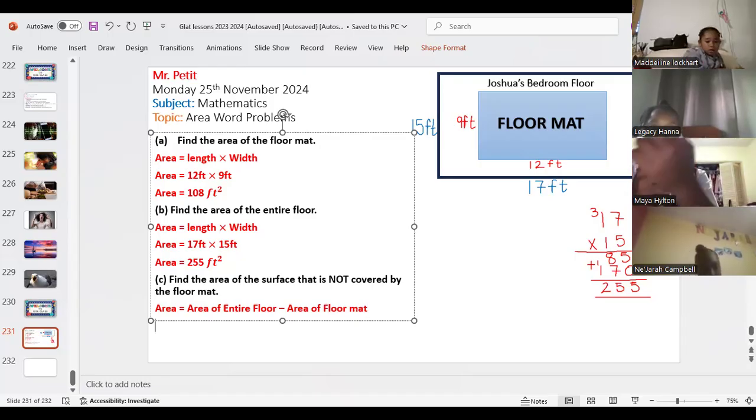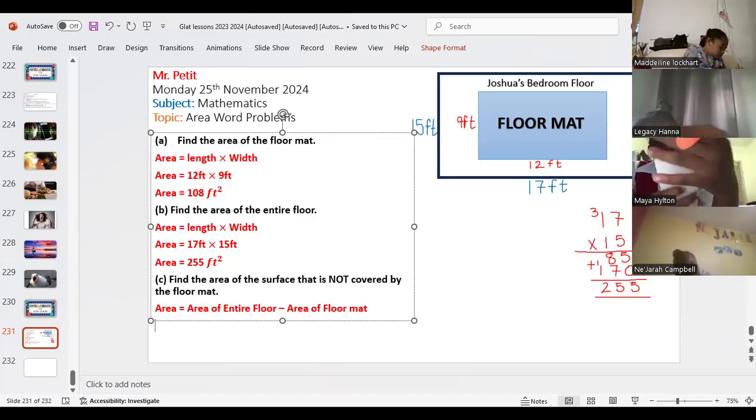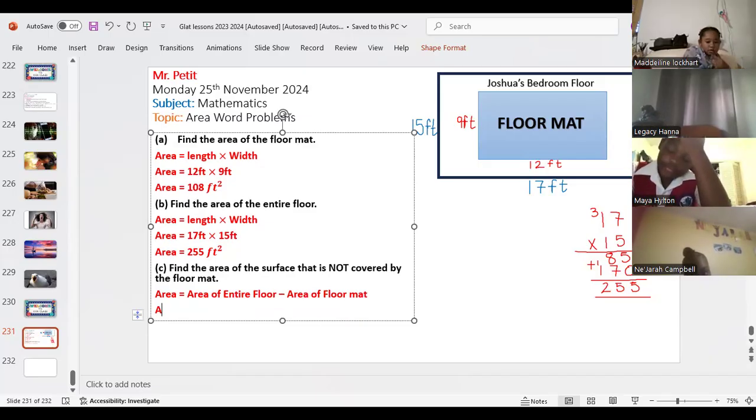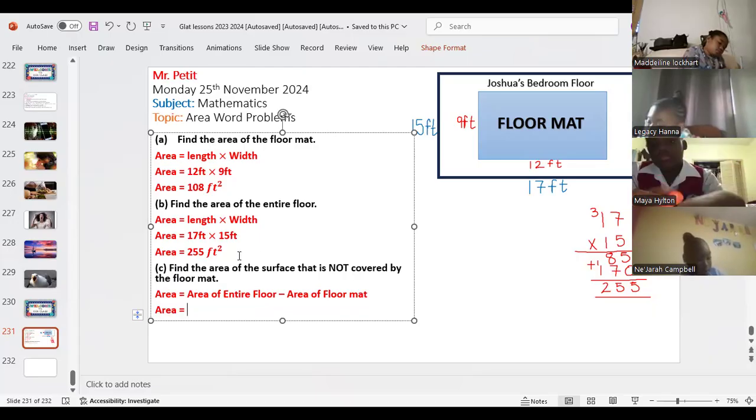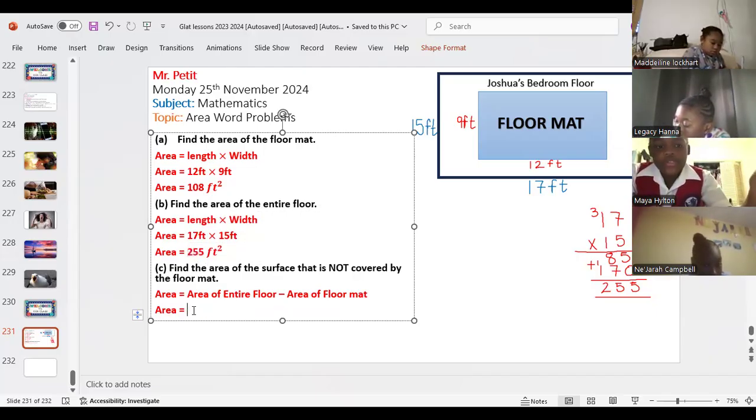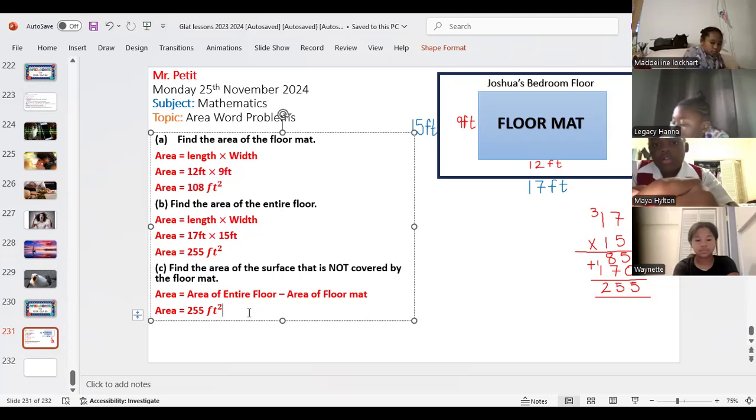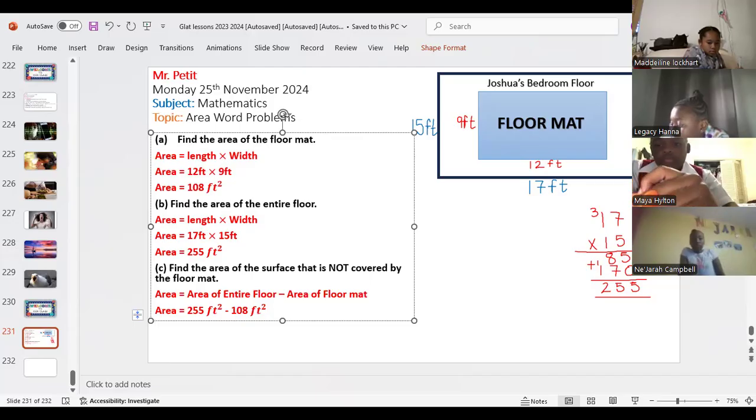Maya, stop playing with that stuff. What's the area of the entire floor? 255 feet squared. And the area of the floor mat is 108 feet squared.